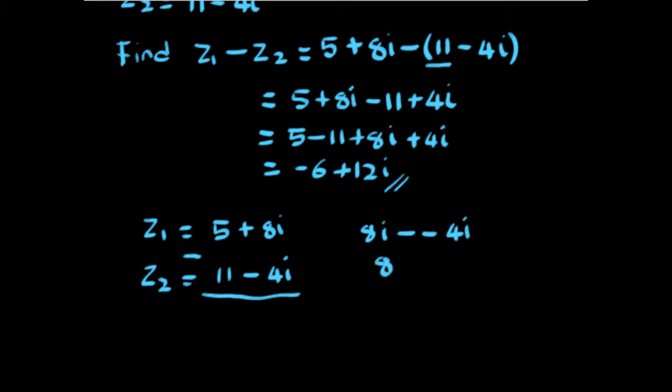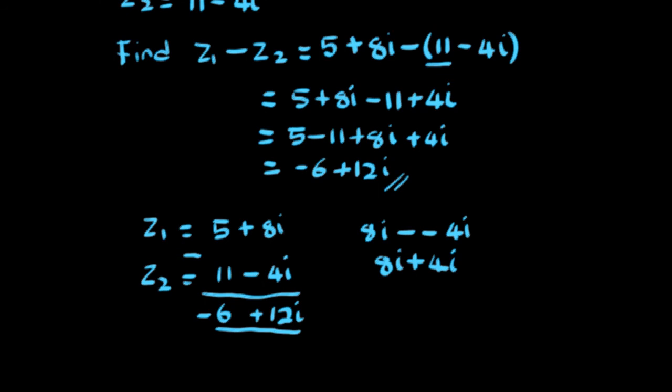So this gives us 8i plus 4i, and that will give us 12i. Are you getting it now? Here we have 5 minus 11, and that gives us minus 6. So in the aftermath, this is what we have in this form. It turns out it's exactly the same as the previous case.